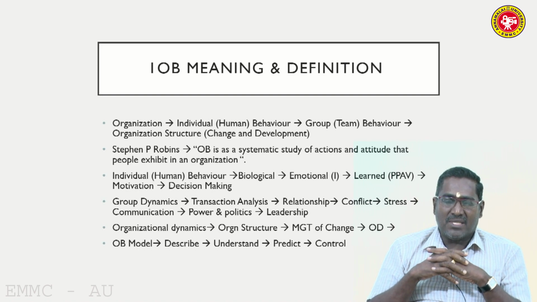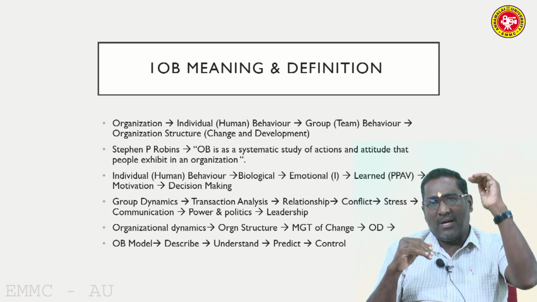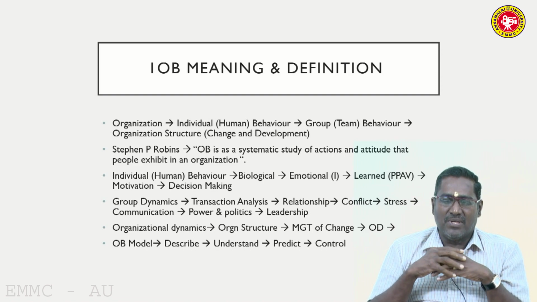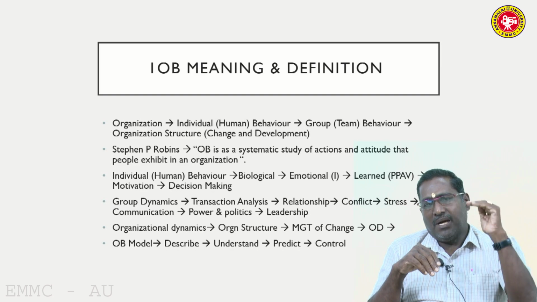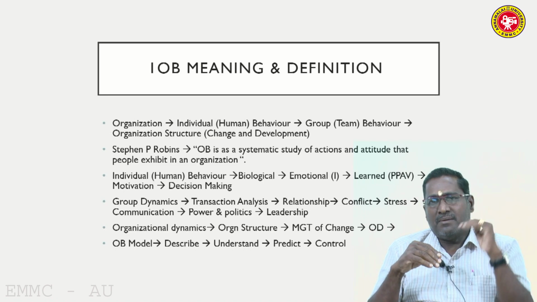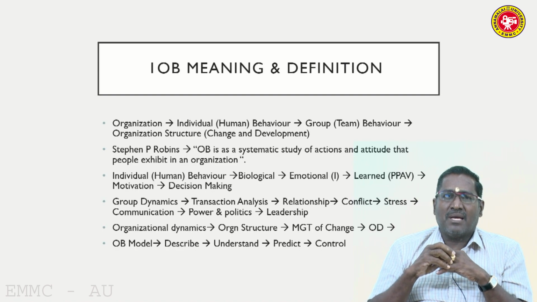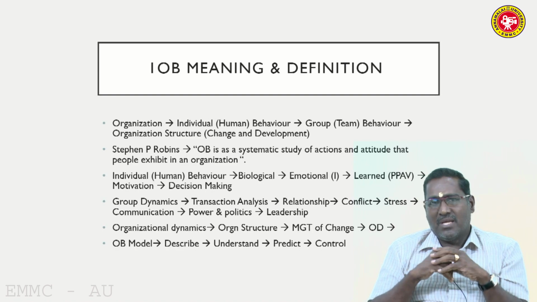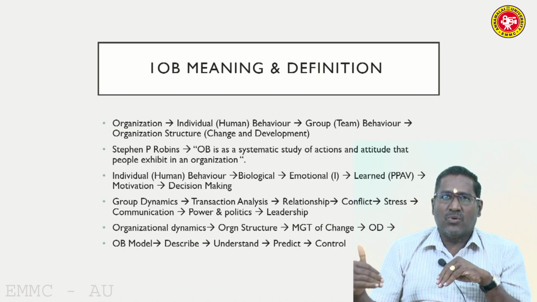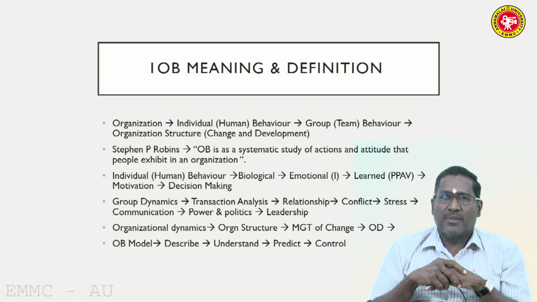Again, we have power and politics. When people stay in an organization, we normally say there are different levels. You might have studied this in the principles of management as a subject of interest. The top level, middle level, and the employee level could each have a different authority. When authority is bestowed on an individual, power can be exhibited. So when the top person communicates with a person in the third layer, the person in the third layer could see his own authority as limited, while the authority of the person at the top level is on the higher side.